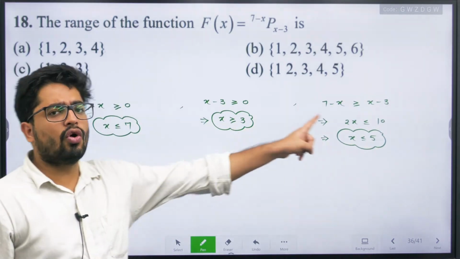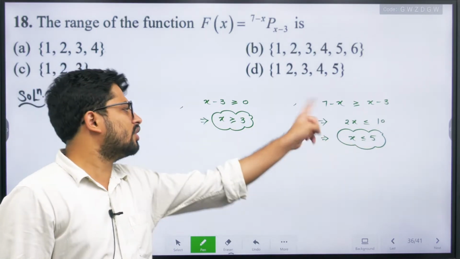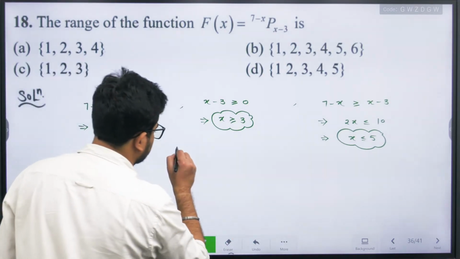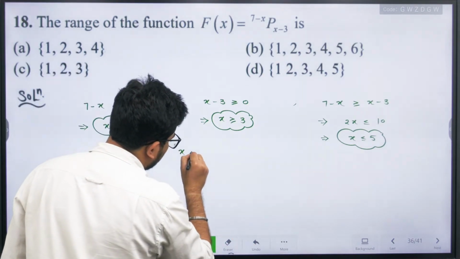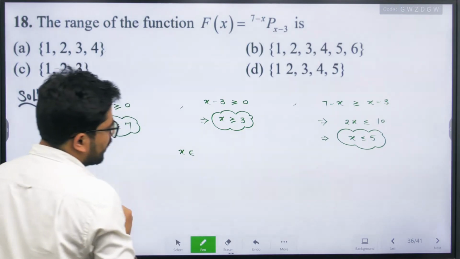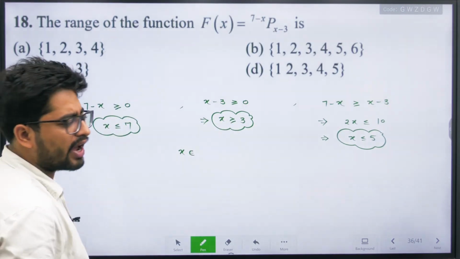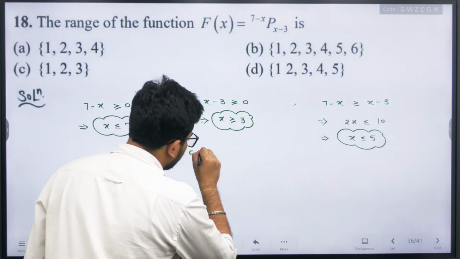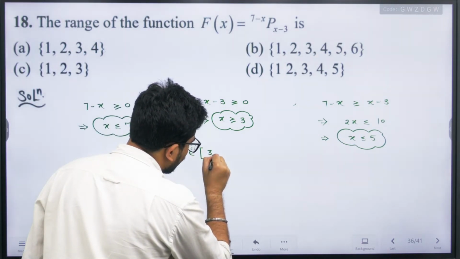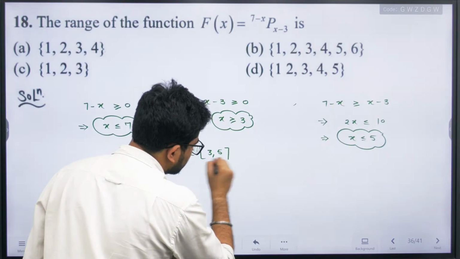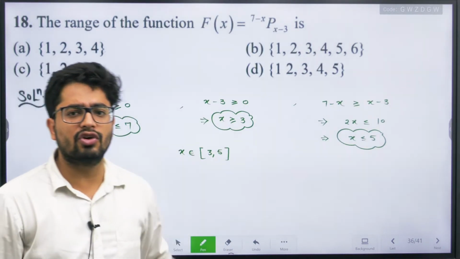So you have to satisfy all the conditions simultaneously. So you have to take the intersection of these. So x belongs to greater than or equal to 3, less than or equal to 7, or less than or equal to 5. So intersection is 3 to 5 closed. Got it? 3 to 5 closed.